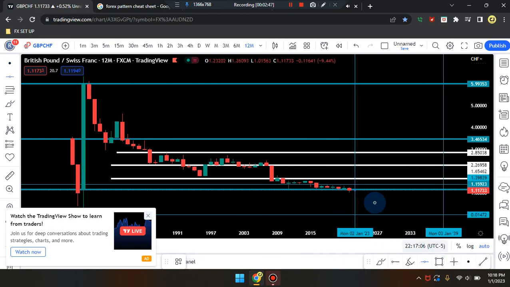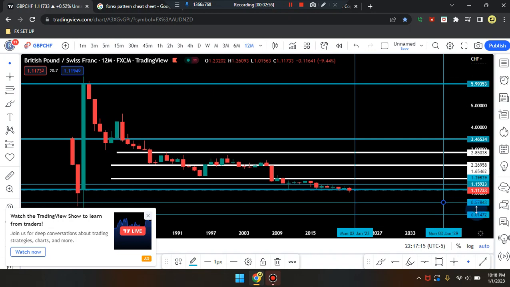Before tagging that, it can also tag the midpoint of that area, which would be 0.57843. If you want extra levels, add a midpoint within this area here and this area here, and you'll just take it down until that mark identifies a reversal, and it's going to push back up, as you'll see.